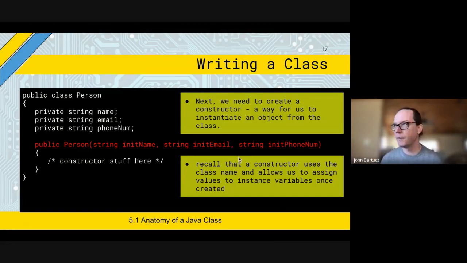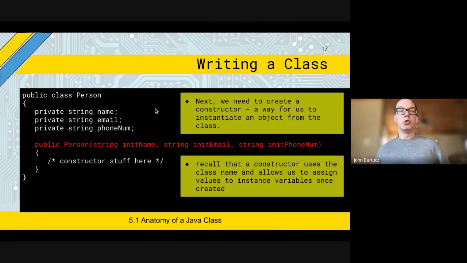It doesn't matter. You can call variables whatever you want, but what they've done is they called it init name to remind you that you're going to initialize the name property with what comes in first in the constructor. And you're going to initialize the email with what comes in second. And you're going to initialize the phone number with what comes in third.